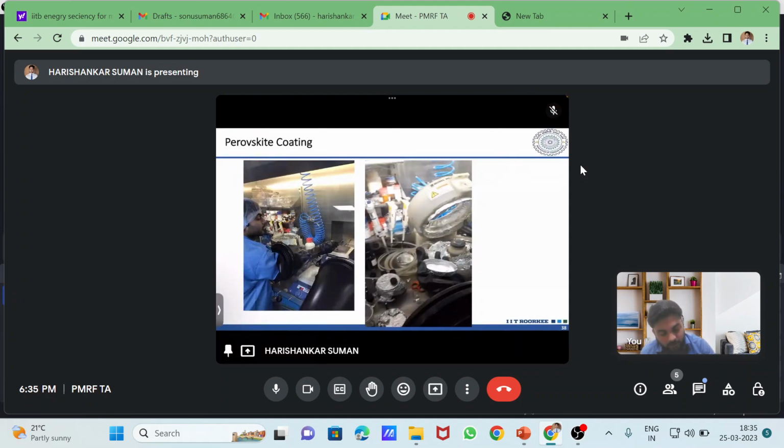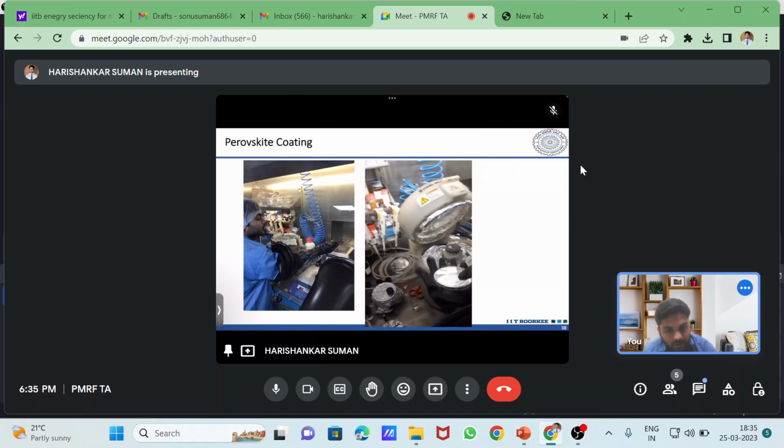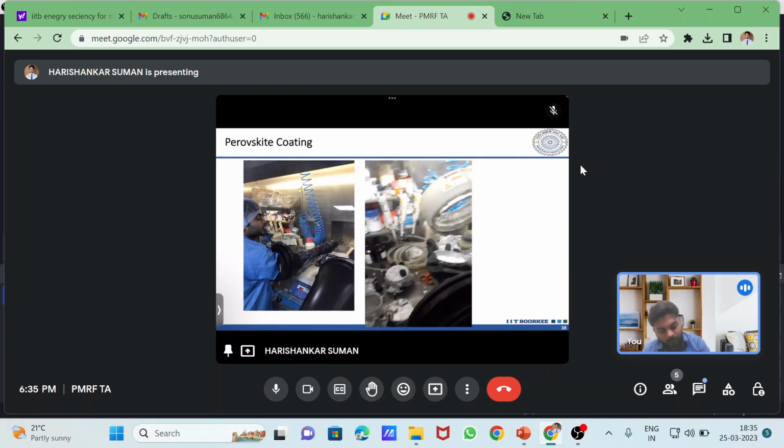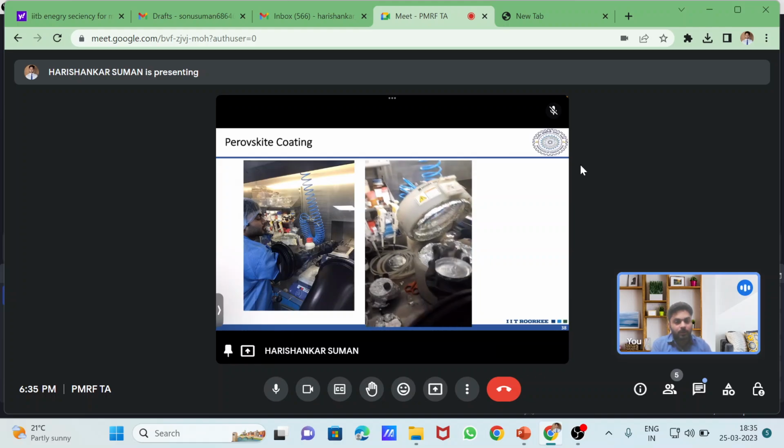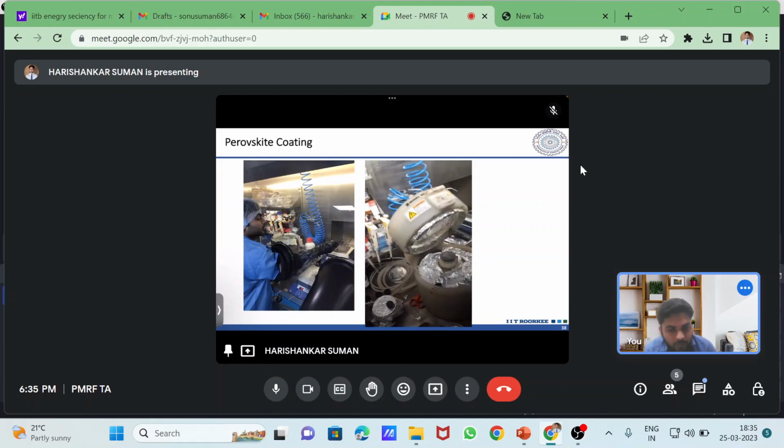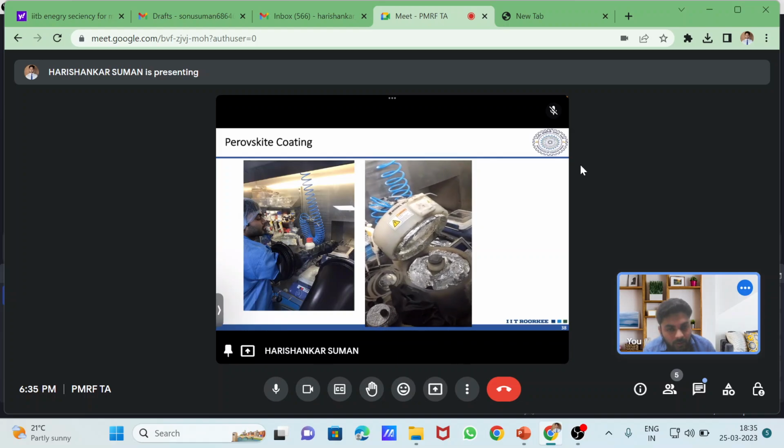You can see in the video there is a machine which rotates the substrate, FTO. I am putting the FTO here. Maybe an internet issue. Let's start again. This is the spin coater machine, and here is the FTO.